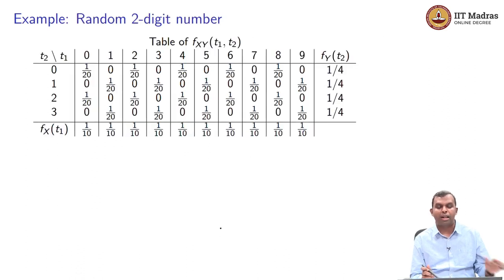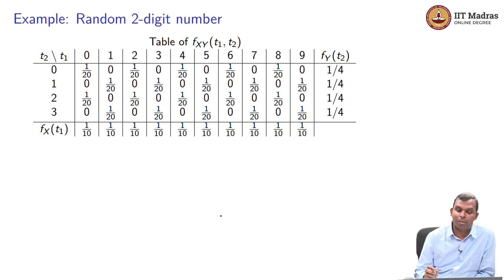Okay. So let's go back to this random 2-digit number example. You remember the joint PMF that we had, right? With this 1 by 20, 1 by 20 occurring alternatively. Okay. So here again you can add to get Fy of T2 and Fx of T1. Okay. And you see, you get what's expected. You get 1 by 4, 1 by 4, 1 by 4, 1 by 4, and 1 by 10, 1 by 10. We knew this before, right?